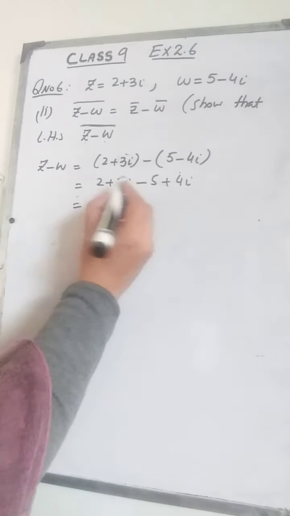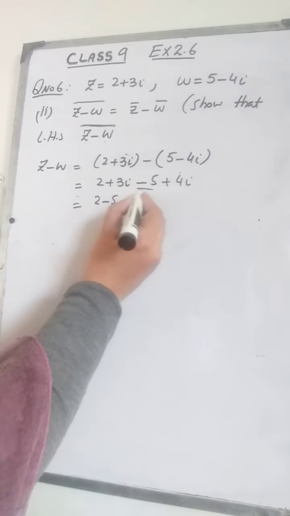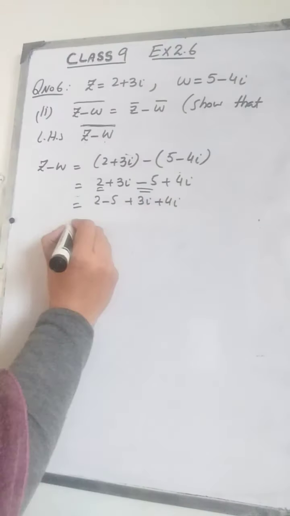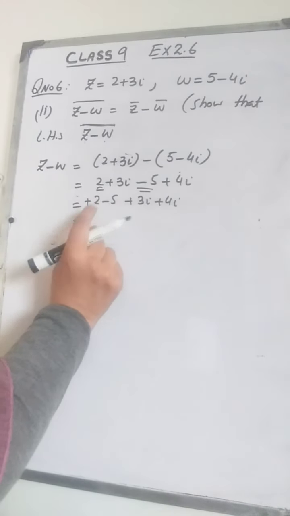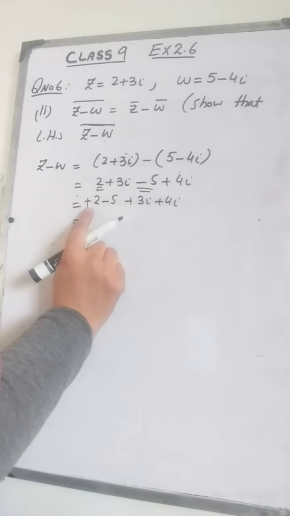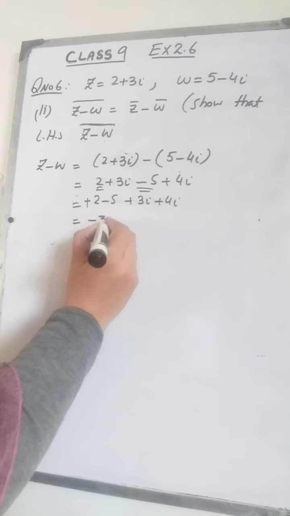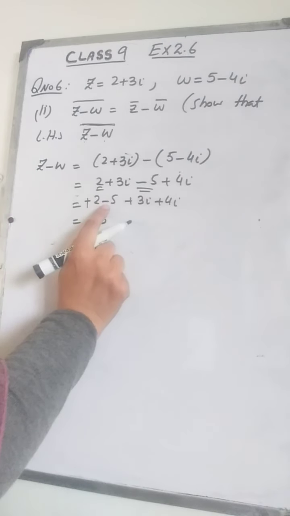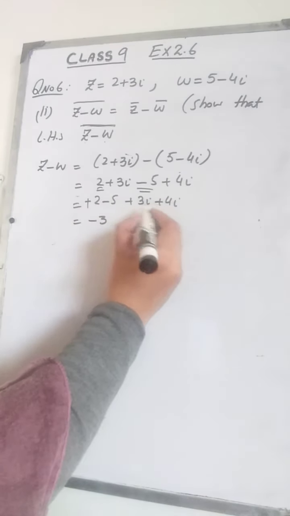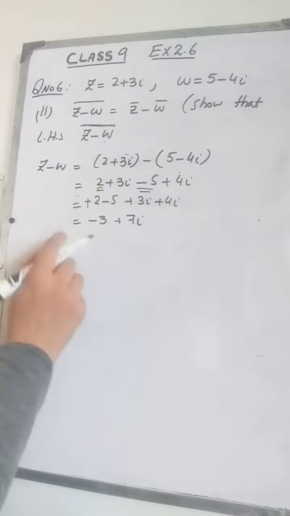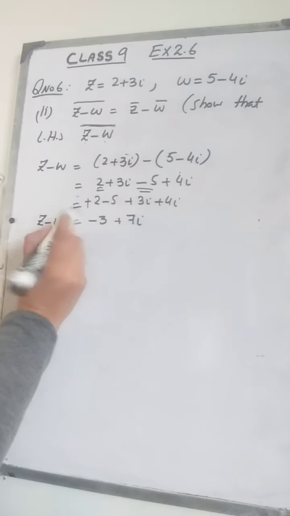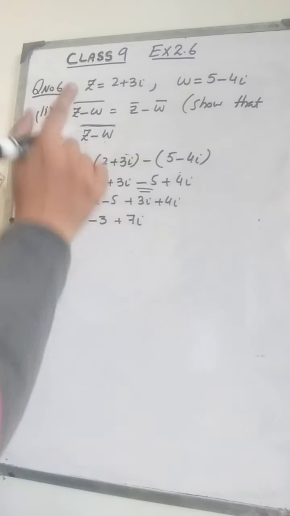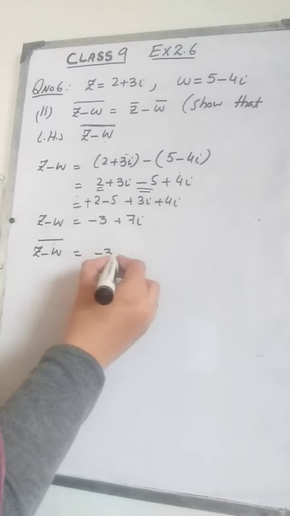Now 2 minus 5, these are the real parts, and the imaginary part is 3 iota plus 4 iota. So you add up these numbers. 2 minus 5 will be negative 3, because signs are different so we do subtraction, 5 minus 2 is 3, and we put the sign of the greater number, which is 5 in this case. 3 iota plus 4 iota will be 7 iota. So this is Z minus W. Now you want to find Z minus W bar. Bar means you have to write the conjugate of this number.